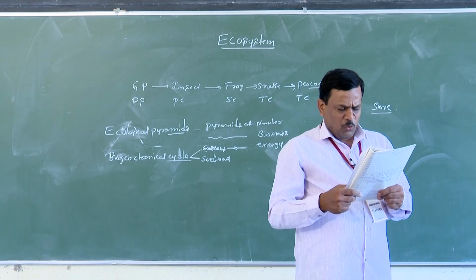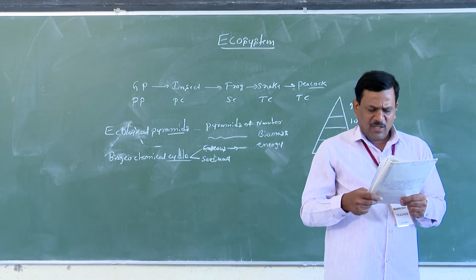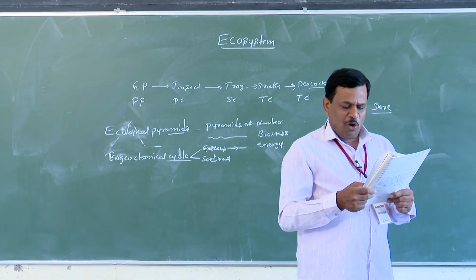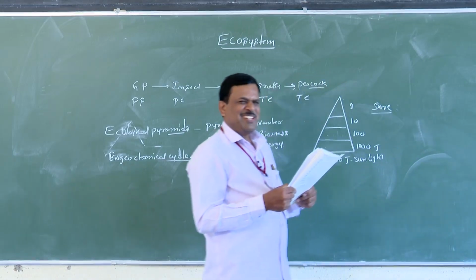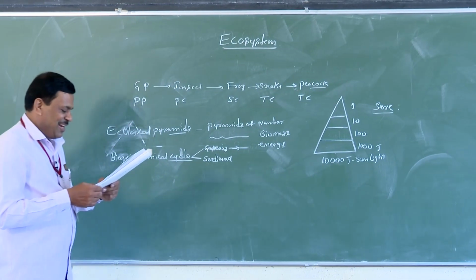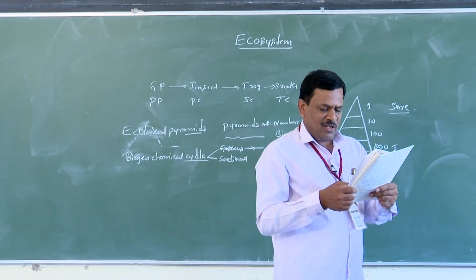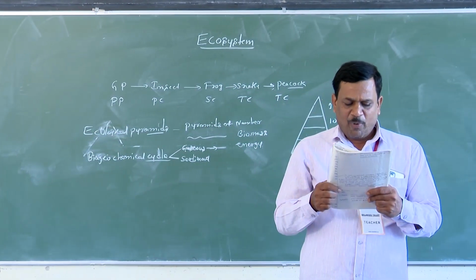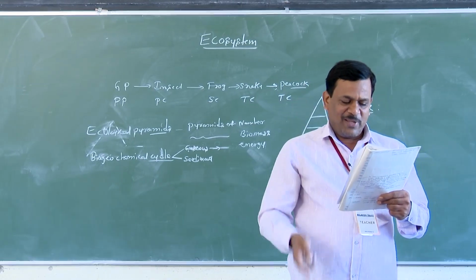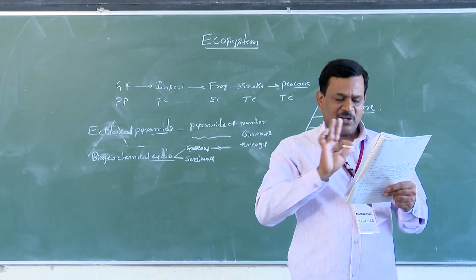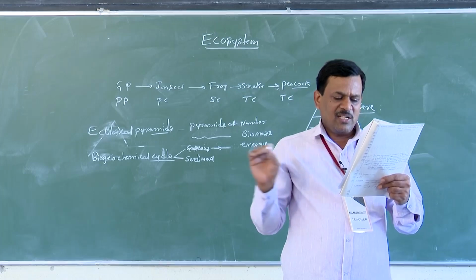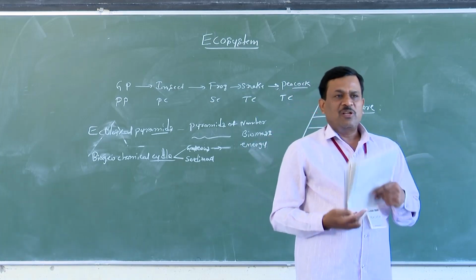Next one. Which one of the following types of organism occupies more than one trophic level in a pond ecosystem? Not the frog, not the phytoplankton, but the fish.